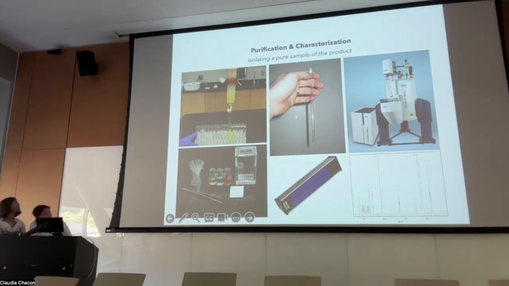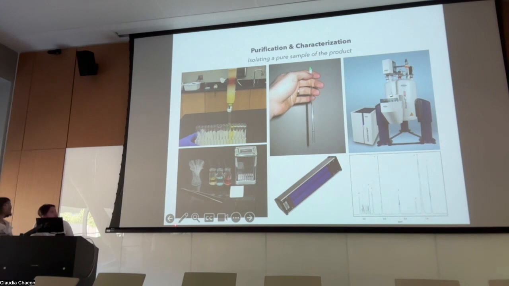So this is an NMR sample with your product inside, and we put it in this NMR machine, and it scans it. After you scan it, it gives you a spectrum like this, which shows different types of peaks, and it gives you information on where each atom is in the structure and what bonds they make.